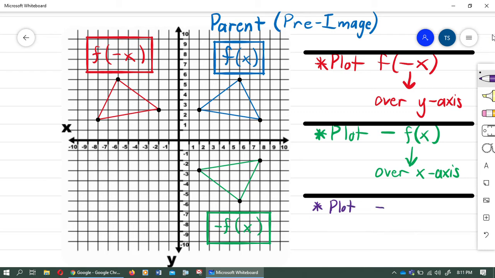If you were asked to do negative f of negative x, where it's negative on the inside and on the outside, where you're multiplying a negative number inside and outside, it's a reflection over both the x-axis and the y-axis.